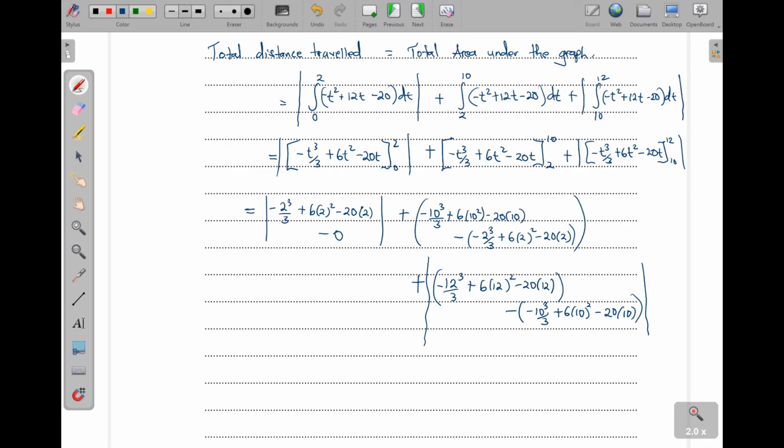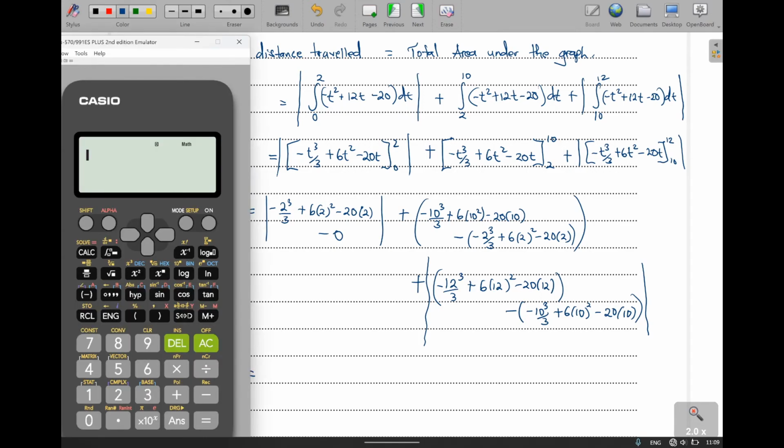So let us put all of these in the calculator. So the first one, we have negative 2 cubed over 3, then plus 6 times 2 squared, minus 20 times 2.